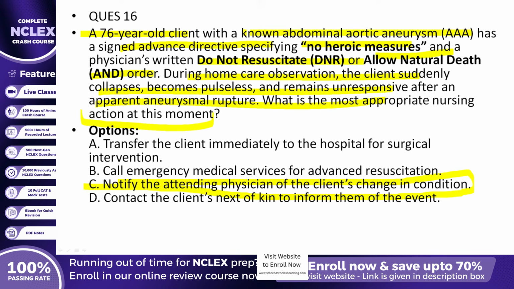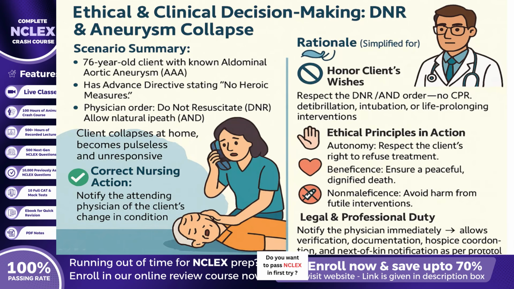The reasoning behind this decision is deeply rooted in both legal and ethical nursing practice. When a client with a documented DNR or AND order becomes unresponsive due to a catastrophic event, such as a ruptured abdominal aortic aneurysm, the nurse's foremost duty is to honor the client's previously stated wishes. A DNR order means that no cardiopulmonary resuscitation, defibrillation, intubation, or any other life-prolonging interventions are to be performed.